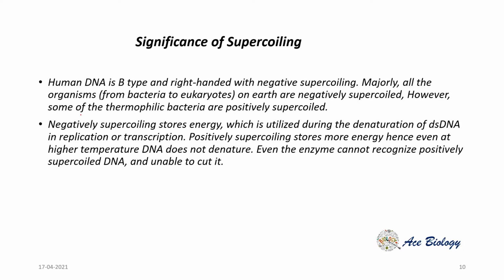What happens if the temperature is very high and the DNA is unstable? It is more prone to denature. But if the DNA is positively supercoiled, then the energy stored will be so high that the environmental temperature won't be enough to denature its DNA. That's why they preferably have positively supercoiled DNA.